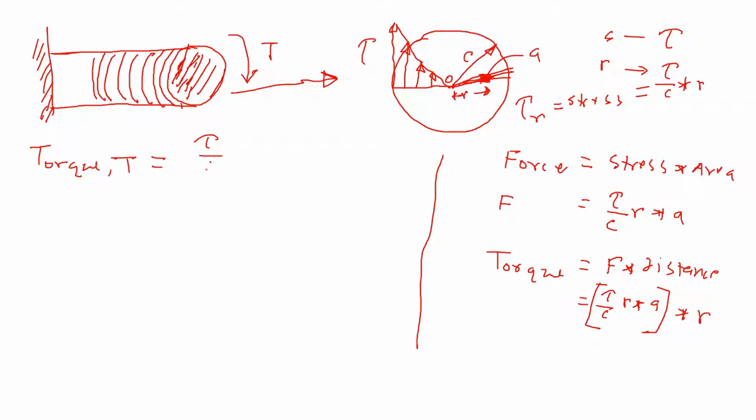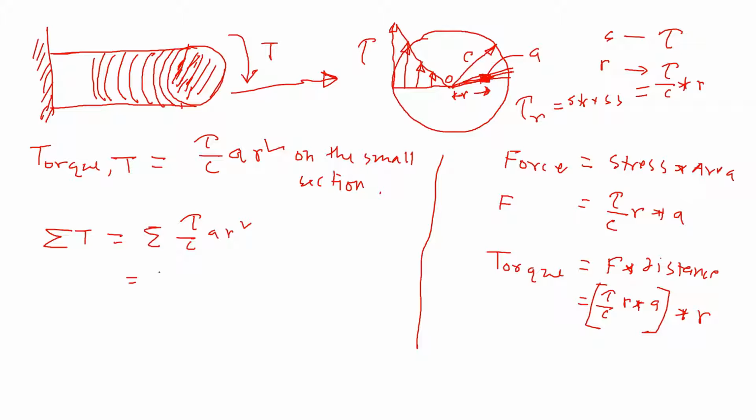So that torque T, the internal resisting torque, is tau by C times A R squared. That is at a distance R, on that small piece A, the small section that we cut. Now if we want to calculate the total torque on that disc, we can sum all the torque, tau by C A R squared. So tau by C is basically constant, times the summation of A R squared.